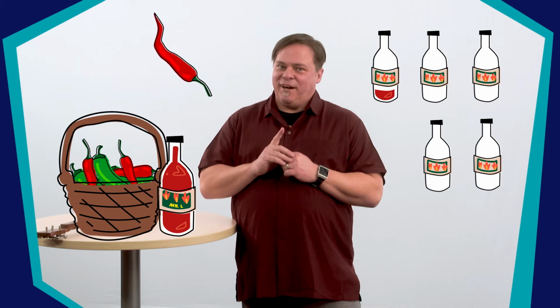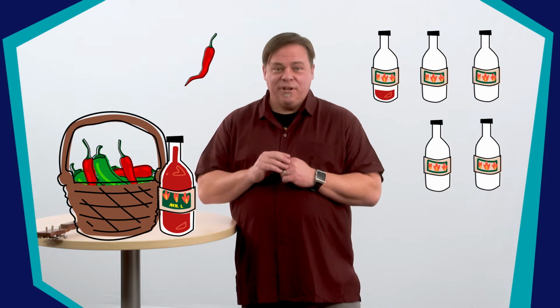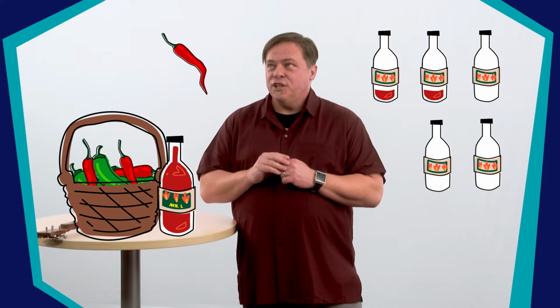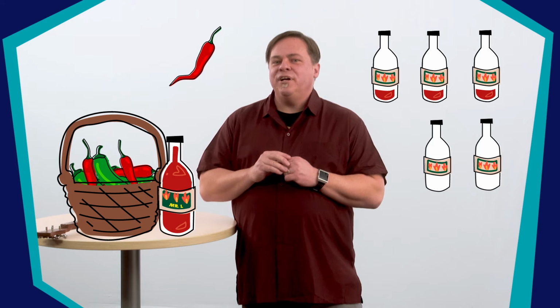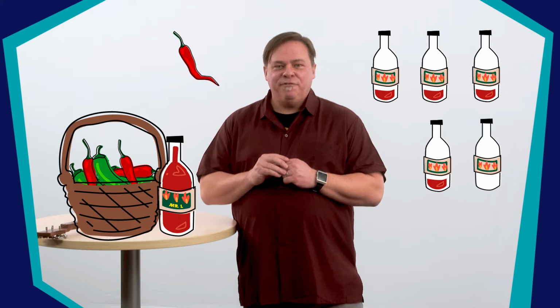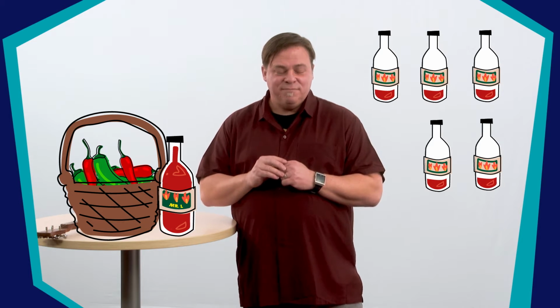Here's 1 in the first bottle. Number 2 goes in the second bottle. Number 3, that goes in the third bottle. Number 4 in the fourth bottle. And number 5 in the last bottle.